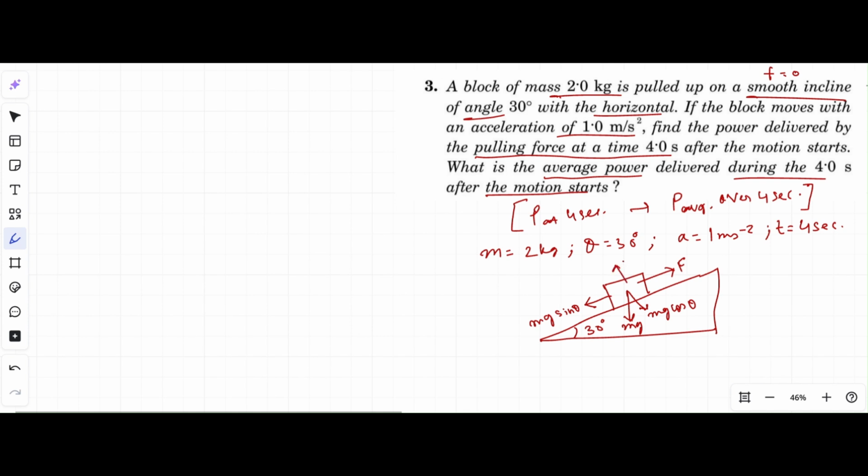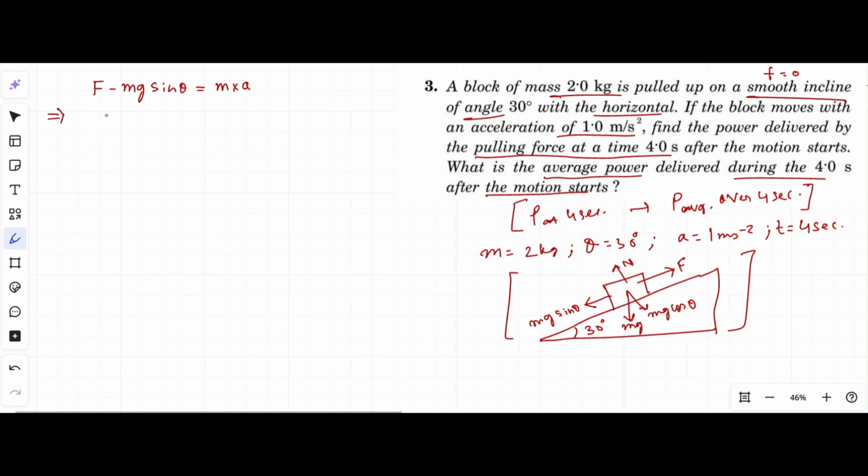And there will also be a normal reaction. Now we can write in terms of the forces: F minus mg sin theta is equal to mass into acceleration.